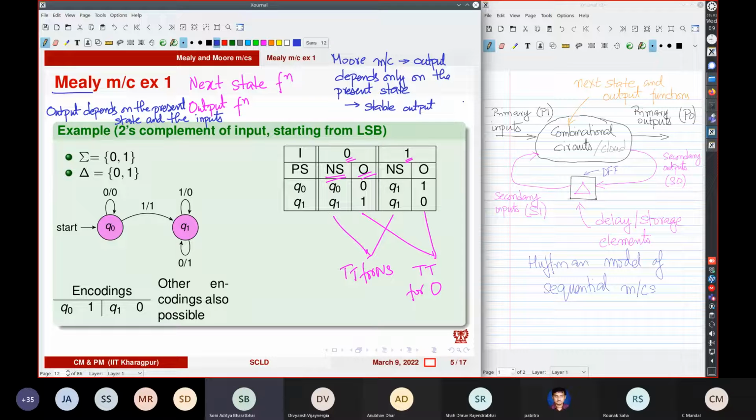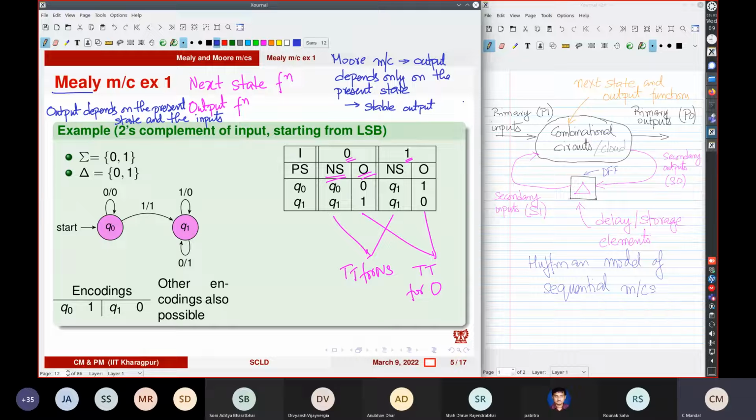Sir, suppose we swap the encodings of Q0 and Q1. Then even then, the output will remain the same. Then what is the issue? Output should remain the same. If the output changes, you have a problem, right? The encoding of the state does not change the behavior of the machine. It just changes the implementation.